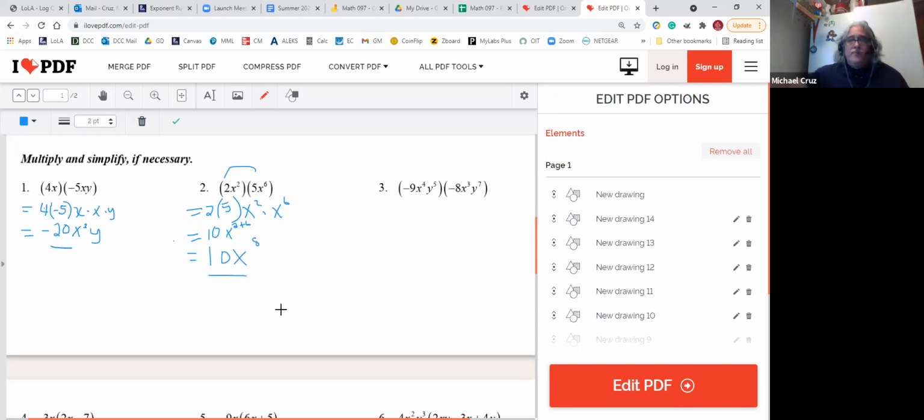When you multiply like bases, you add the exponents.